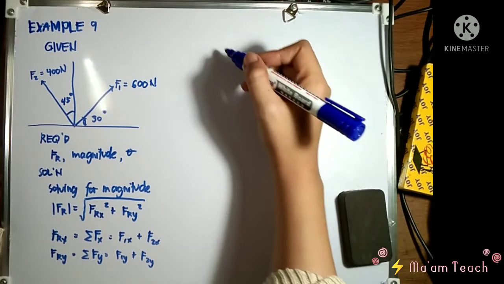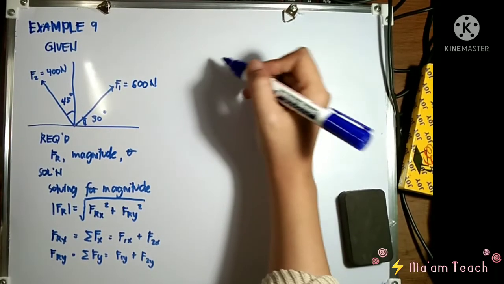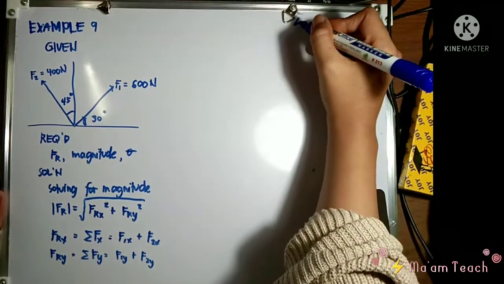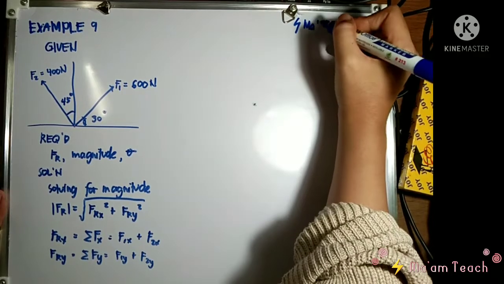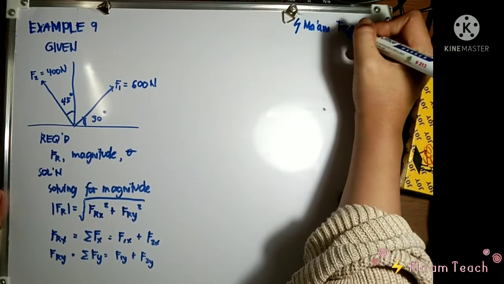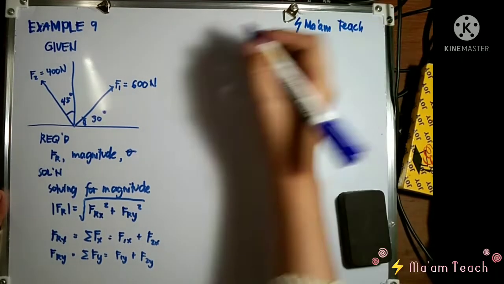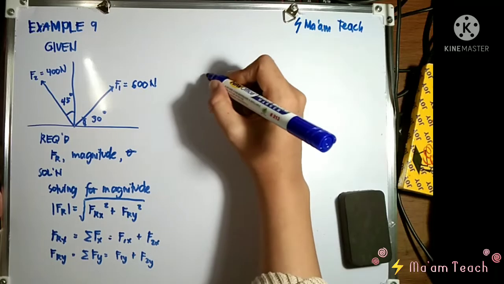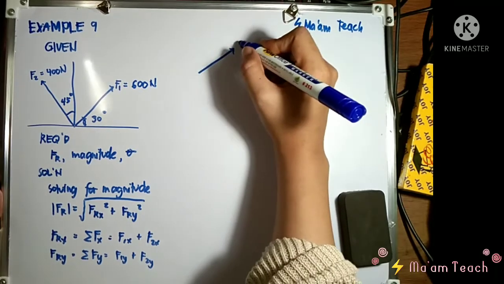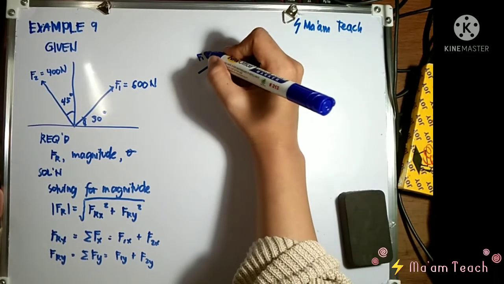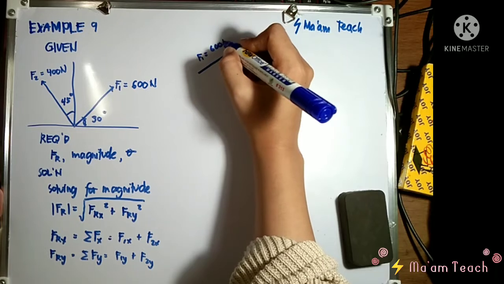And in order to do that, let us analyze each of the forces here. So let's solve first for F sub 1. Here's our force, which is F sub 1, 600 Newton.